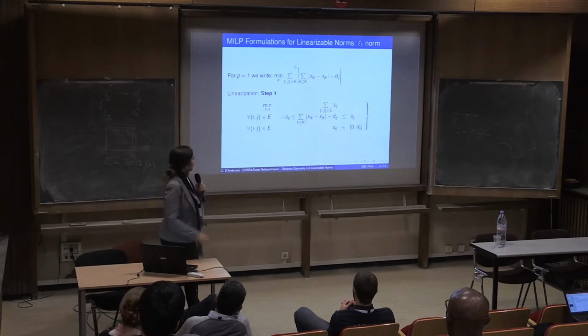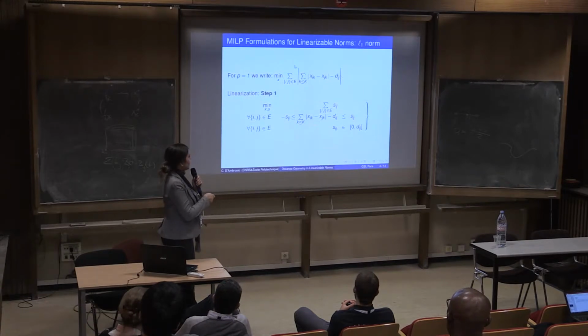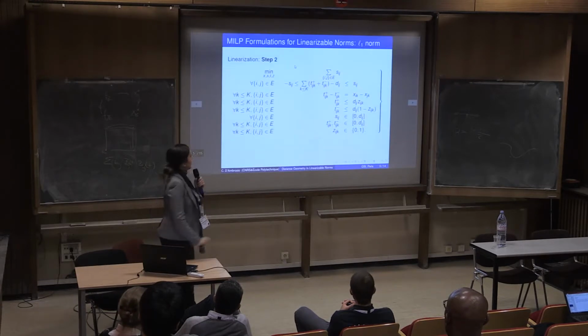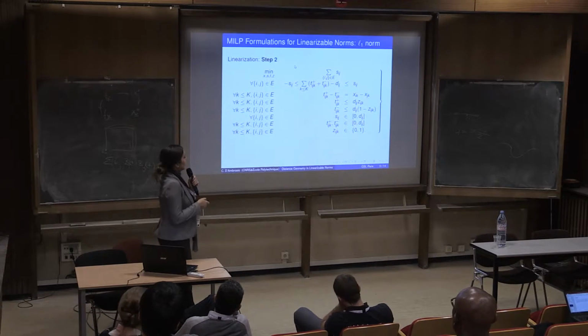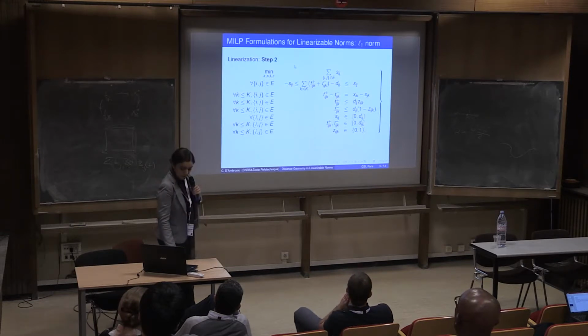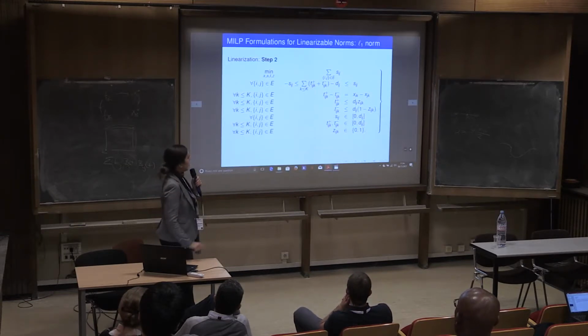Here we have linearized the outer absolute value, but we also want to linearize the inner one, in order to have just linear functions to deal with. This has to be done in a slightly more complicated way, because the absolute value is no longer in the objective function.